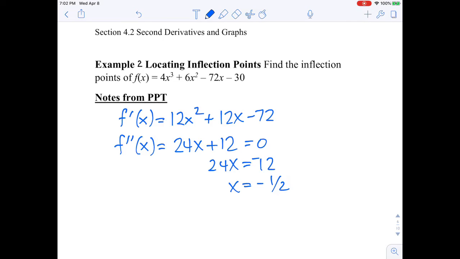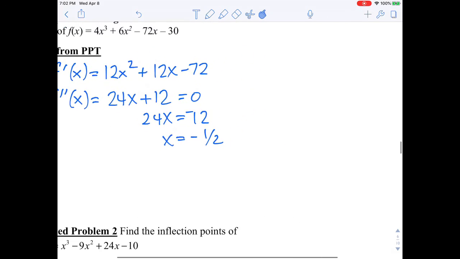And then we're going to test that value with a sign chart, just like we did with first derivatives.